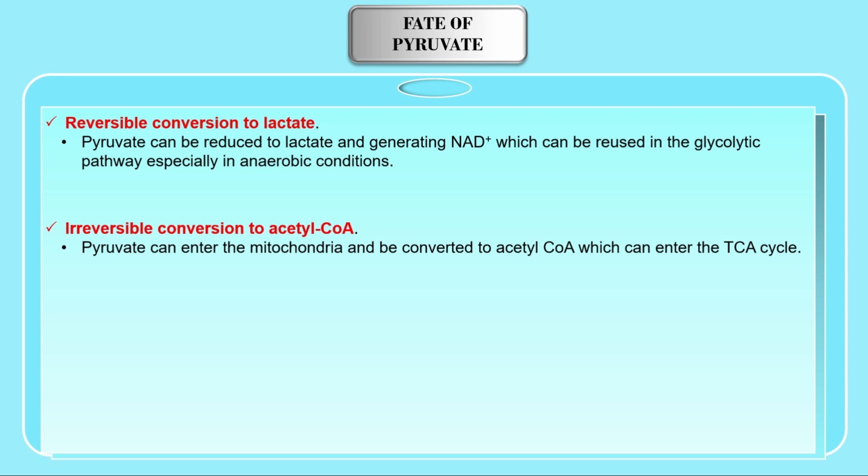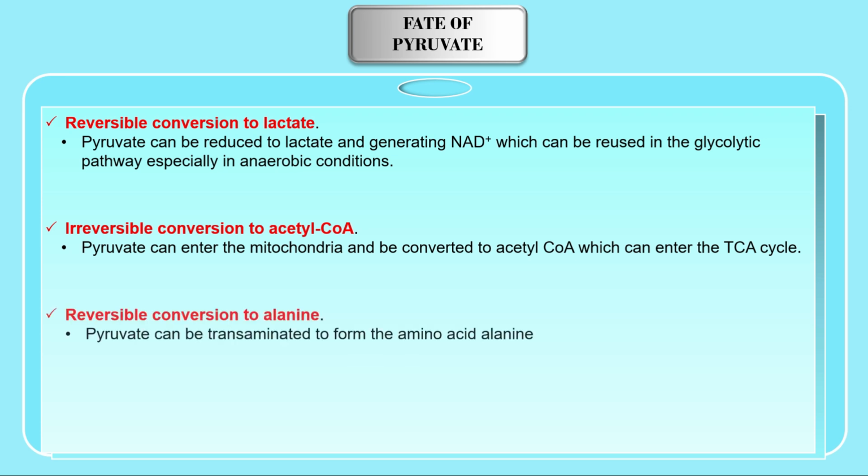This reaction is particularly important because acetyl-CoA is one of the molecules we use in the tricarboxylic cycle, which forms more ATP and more NADH molecules. This usually occurs in the presence of oxygen, because that's why we have the Krebs cycle operating, so that we can have more energy generated. The third way can be reversible conversion to alanine.